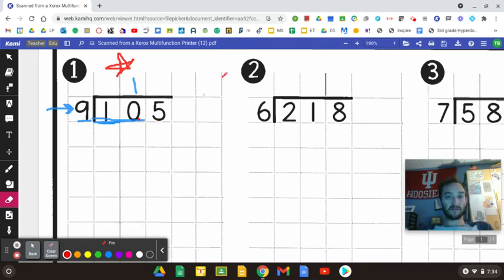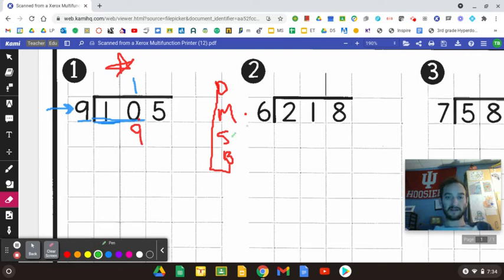Next, review the steps real fast. You divide, which I already did, multiply, subtract, bring down, repeat. So our next step is multiply. We're going to multiply 1 times 9, which is 9. It goes down here.